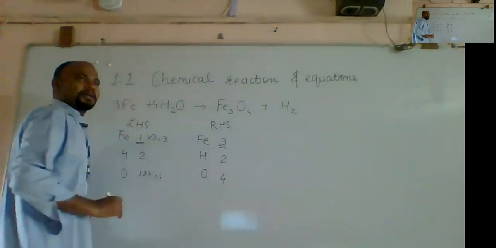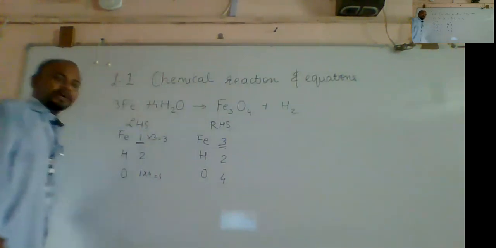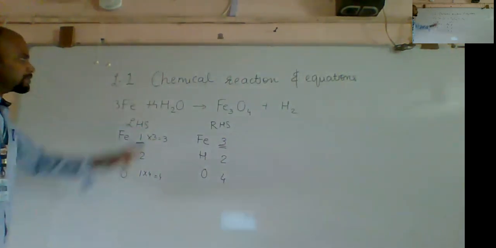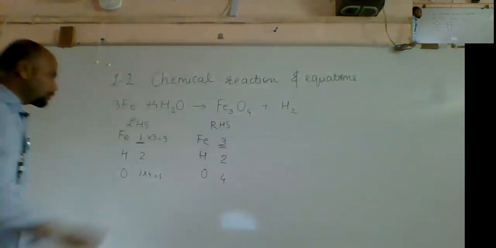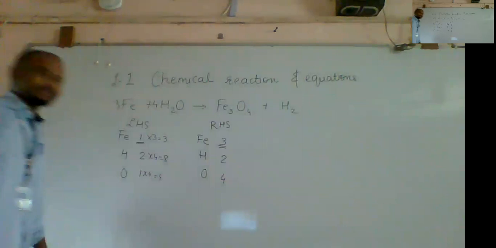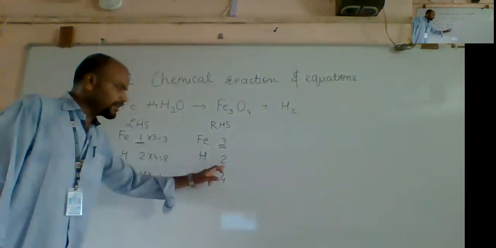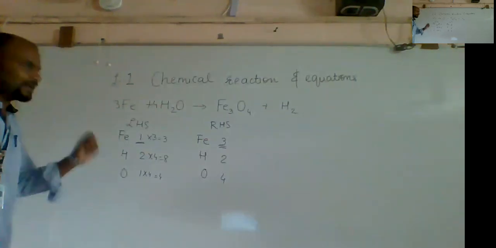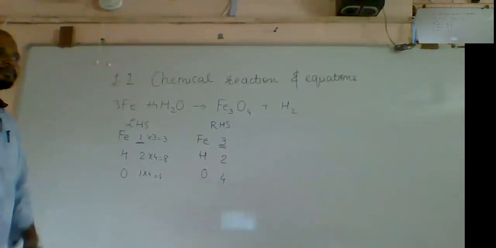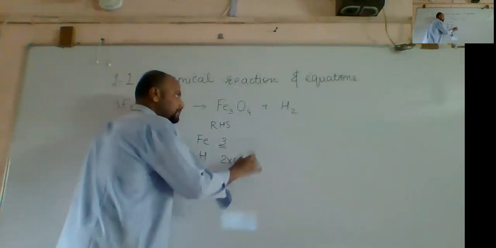But on the reactant side, you can see as we put a prefix 4 to that of the water molecule, that 4 gets multiplied with that of 2. So 4 twos are 8. So the number of atoms of hydrogen on the reactant side is 8, whereas on the product side it is 2. So in order to balance hydrogen, we need to multiply it with 4. 2 fours are 8.